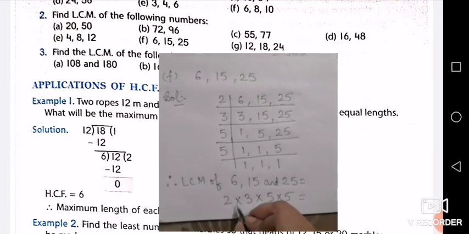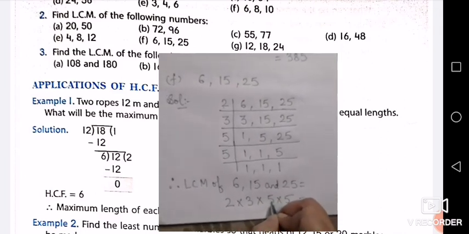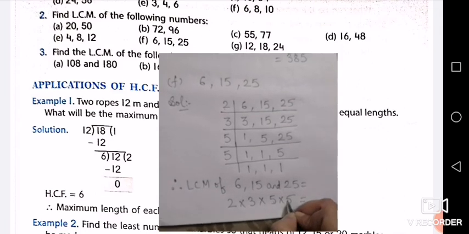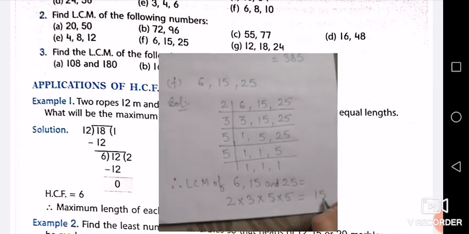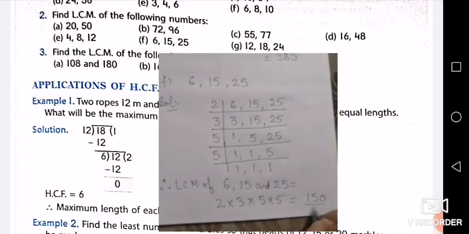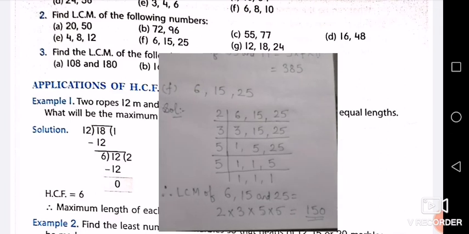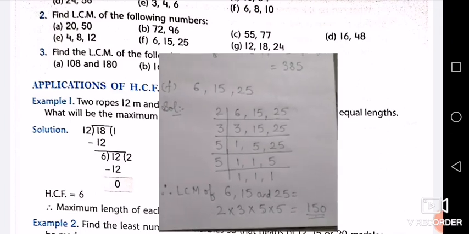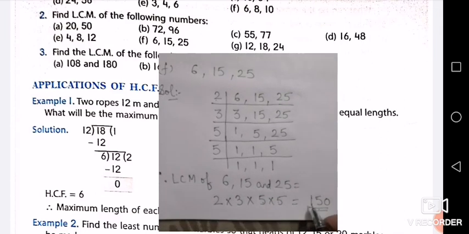Now do the multiplication. 3 2s are 6, 6 5s are 30, and then 30 multiplied by 5, 150. So here you have got LCM of 6, 15 and 25 is 150. Fine.